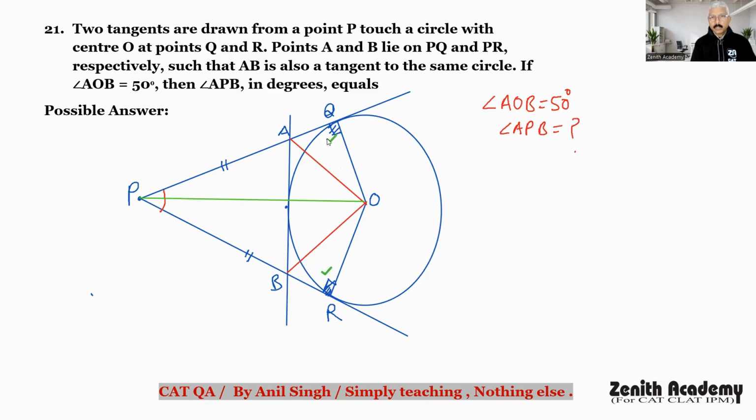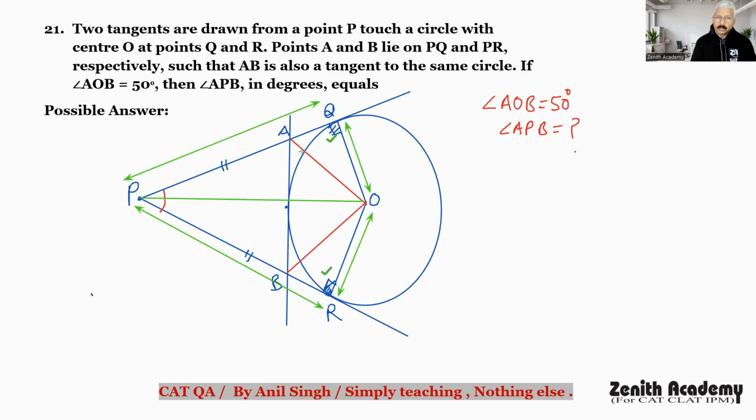In triangle PQO and in triangle POR, both are 90 degrees, right? Plus this PQ is equal to PR, and this is the radius, OQ is equal to OR.